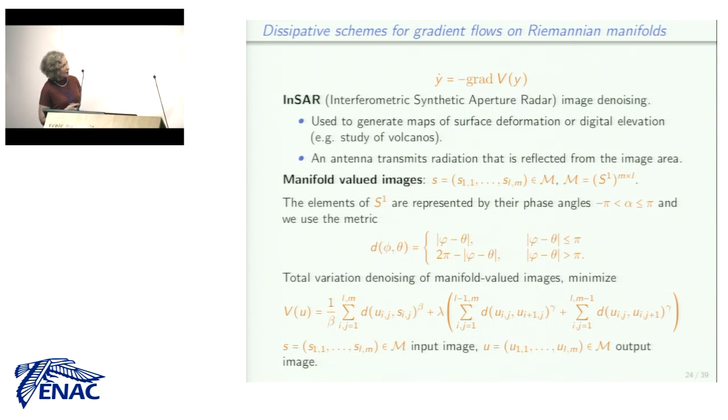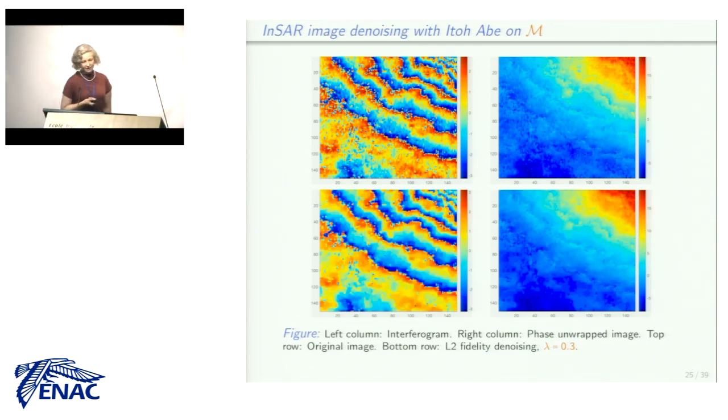So here we have something that we minimize. This part is something that we minimize, and this part is the regularizer of the problem. So S here is your input image, and U is your output image. And here is the result. The top line are the original images, and at the bottom line, I don't know if this is good enough to show that, in fact, you have an improvement. You've been denoising the image.